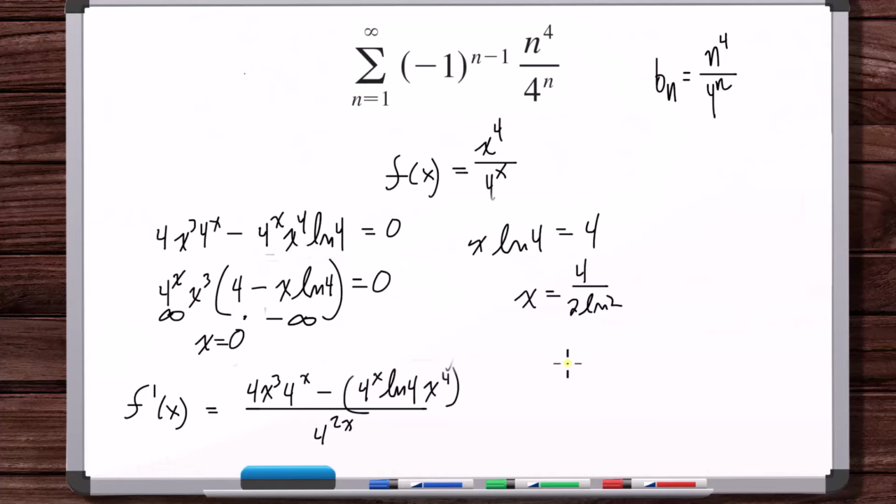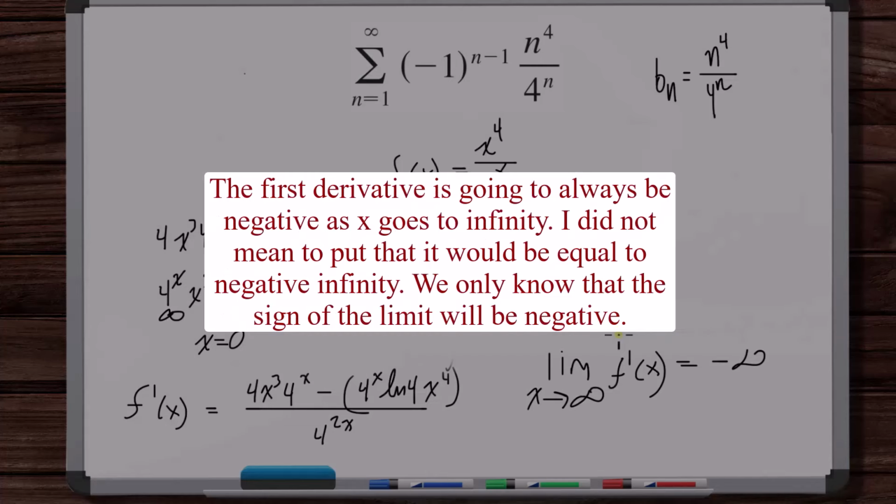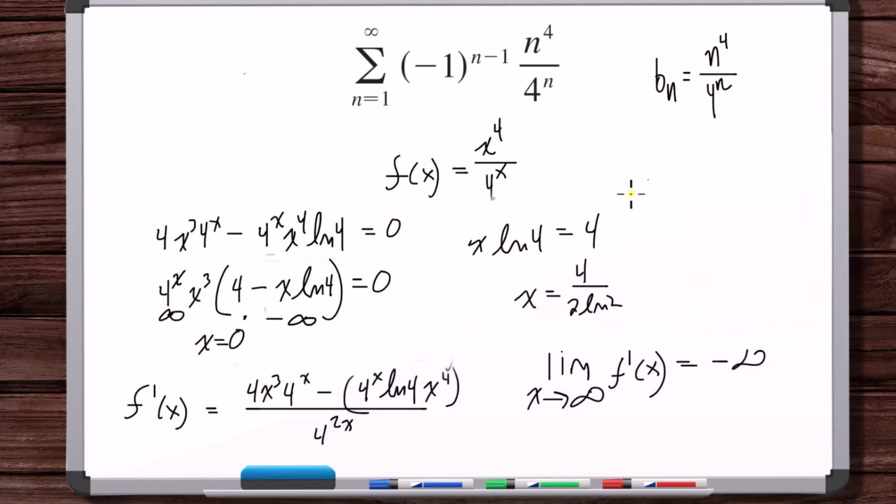So the limit as x approaches infinity of f prime of x, well, the denominator here is positive infinity, so it is going to be negative infinity. Okay, that means this is decreasing. So therefore, we saw that the limit of this is 0, so this is convergent.